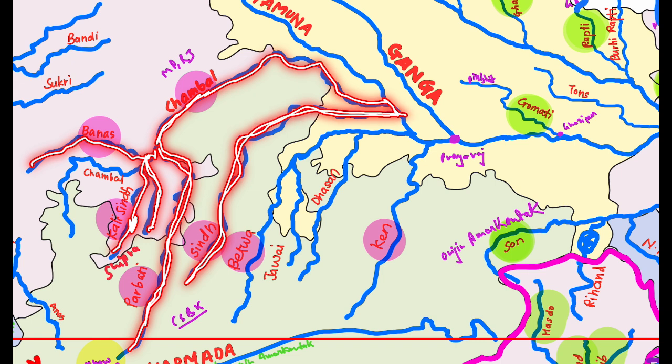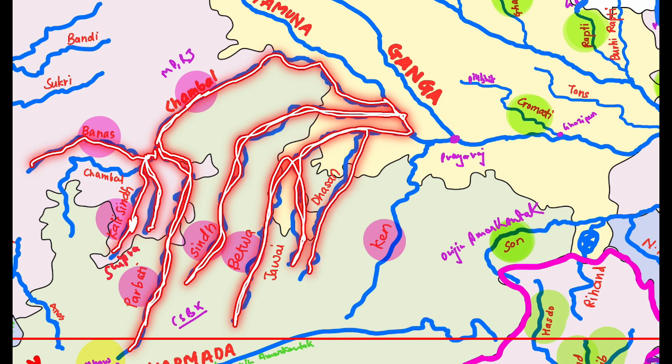Yamuna. So these are basically tributaries of Yamuna, which later merges into Ganga. Then here it is Betwa, then Jawai, then Dhasan. And all this goes where? Then Ken also joins.